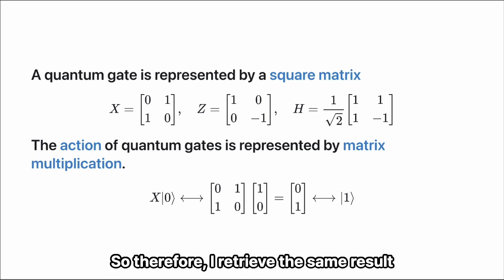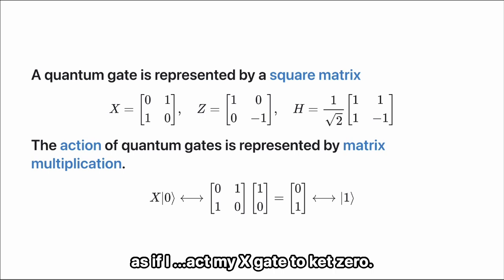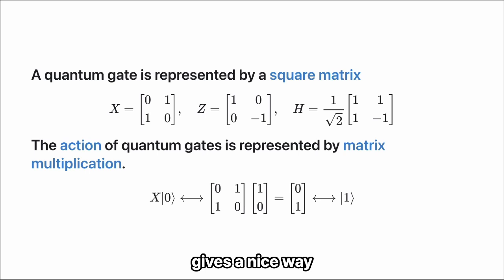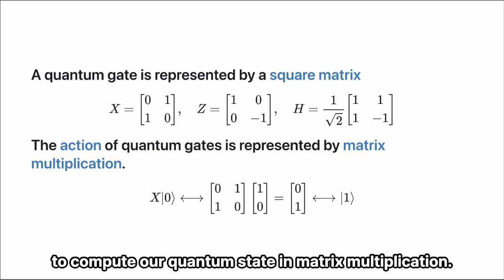So therefore I retrieve the same result as if I act my X gate on ket 0. So the matrix multiplication of the representation of a quantum gate gives a nice way to compute our quantum state.